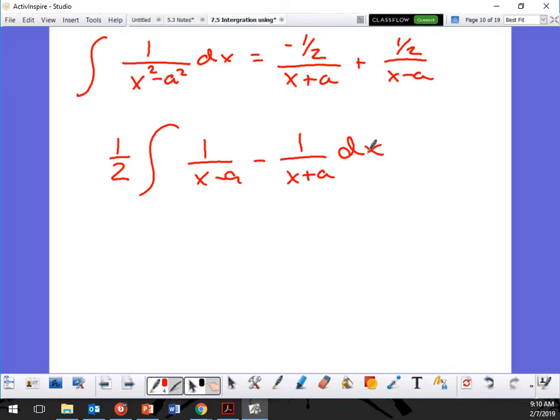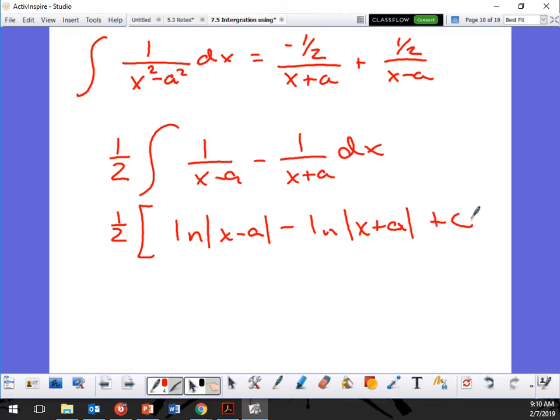So now can I take the integration of 1 over x minus a? Yes, that's going to give me ln of x minus a, minus ln of x plus a, and then there is my plus c.